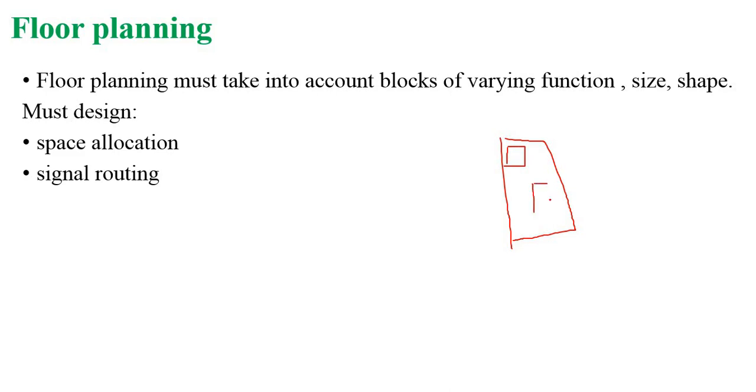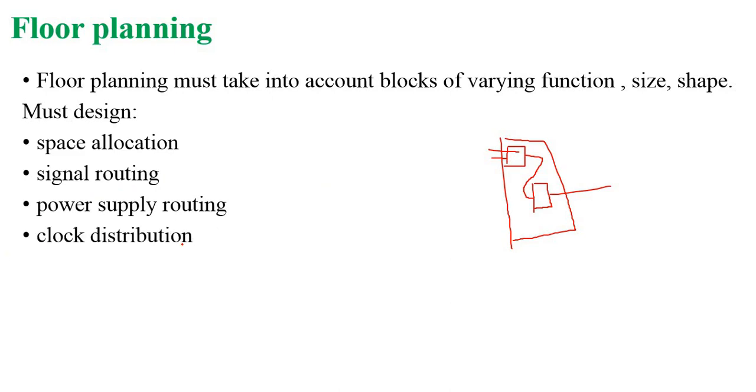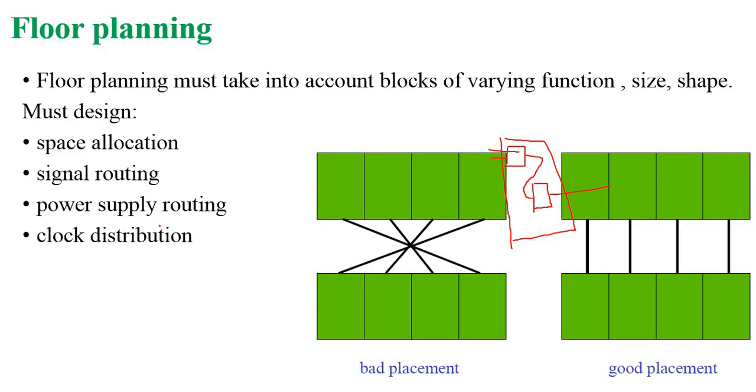After allocating the space, I can route the signal. Routing means connecting those two. Whenever these two are the inputs for this particular circuit and there is an output, I can route these components by using the signal route. And here I need power supply routing and clock distribution. These are all floor planning.